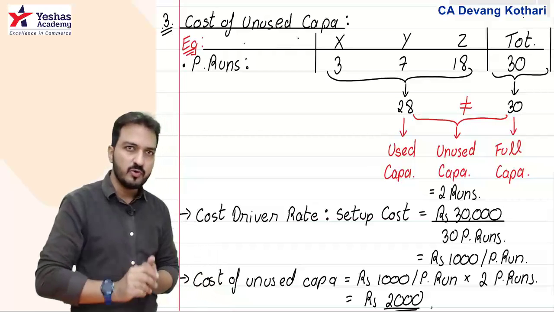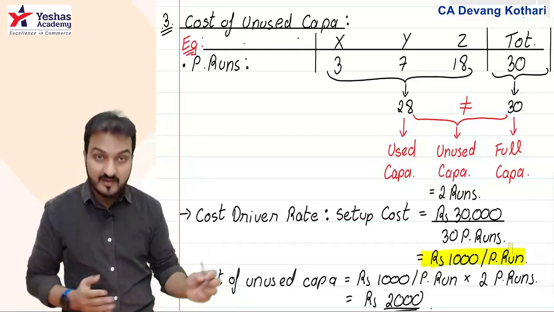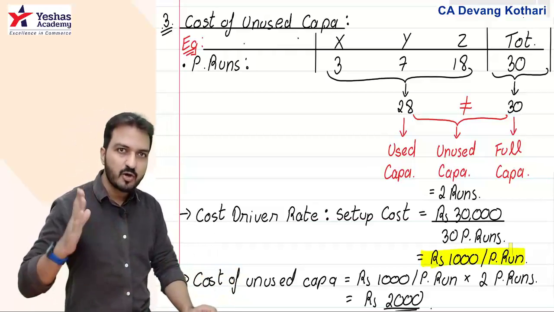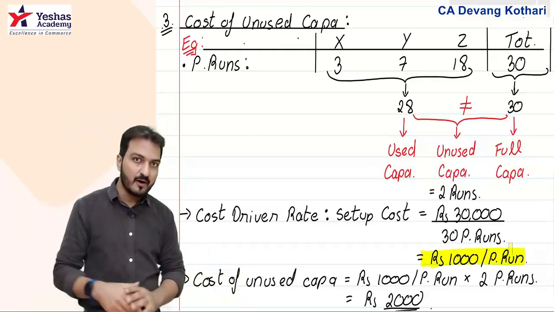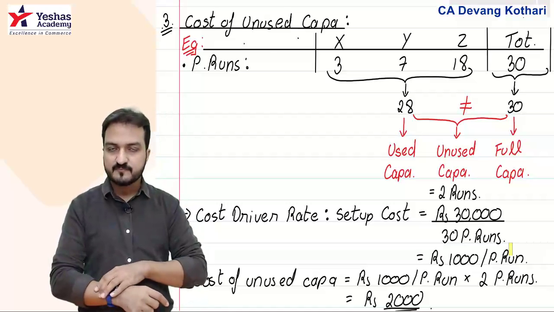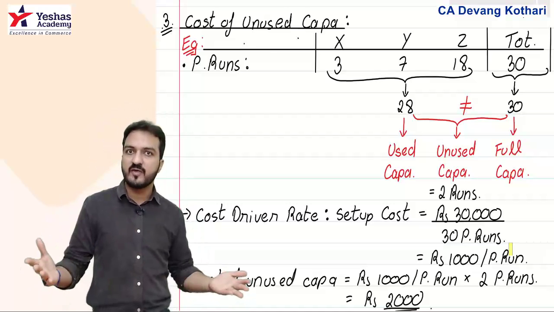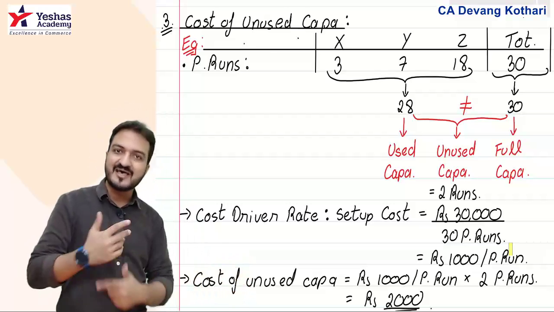Remember one rule: once you make an absorption rate like this, once you make the cost driver rate, the same rate will be applicable to all your products, even to new products that you make in your company, even to a new design of any product.